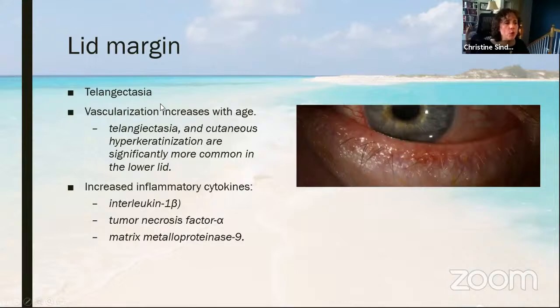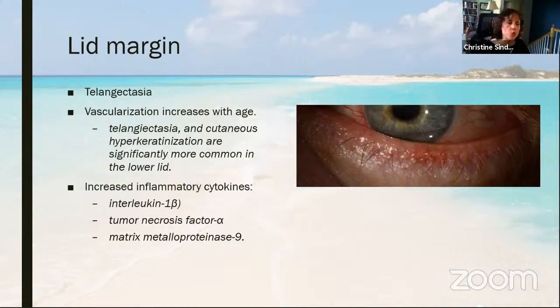The other thing you need to look for is telangiectasia, and that's those little blood vessels, the redness and the little blood vessels that are right along that flat eyelid margin. Telangiectasia is a sign of chronic and repeated inflammation on the surface of the eye. And this would be an increase in the cytokines, the interleukins, the tumor necrosis factors, the MMP9, all of those are elevated in people with chronic inflammatory situations.